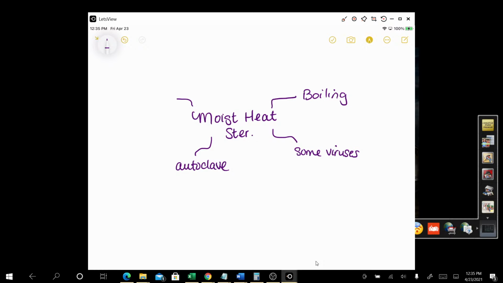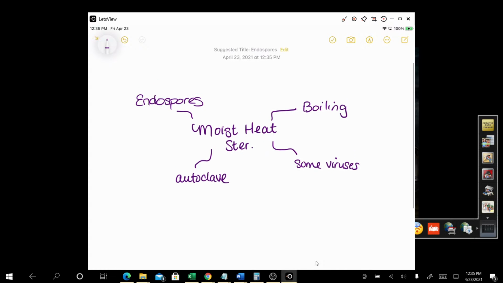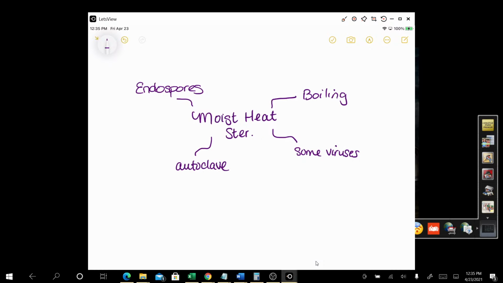And then lastly, we know that endospores can be killed through moist heat sterilization. So let's stick with boiling. We'll start with boiling first.